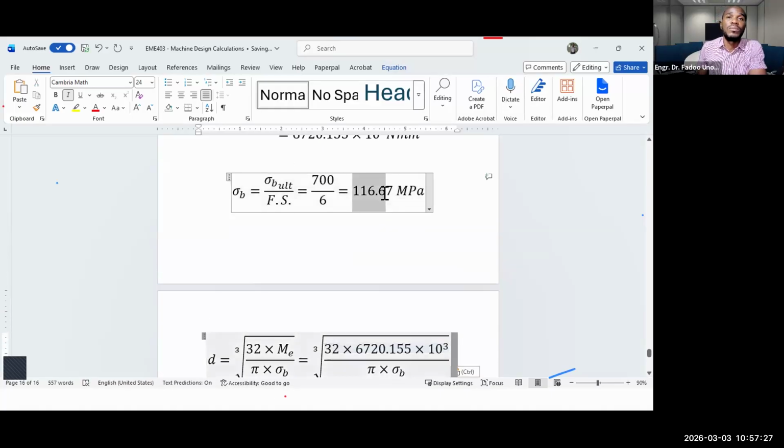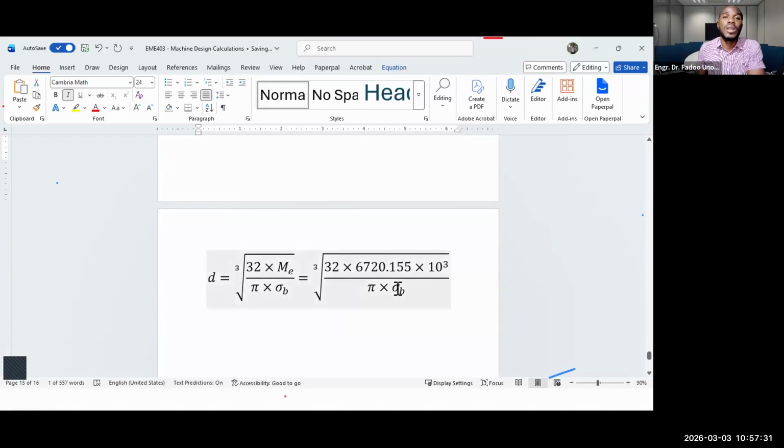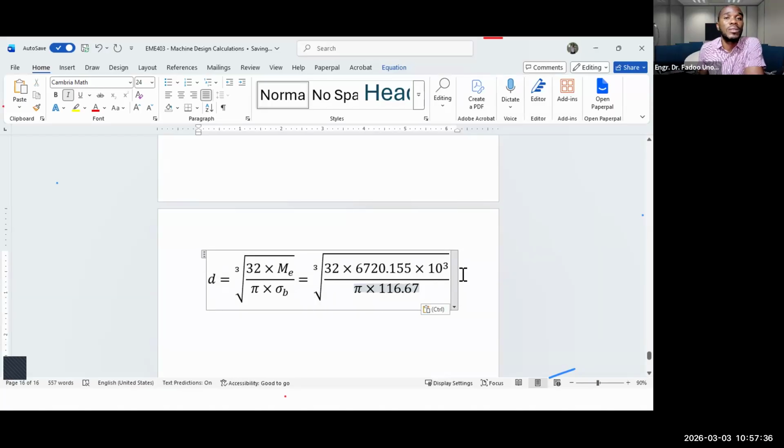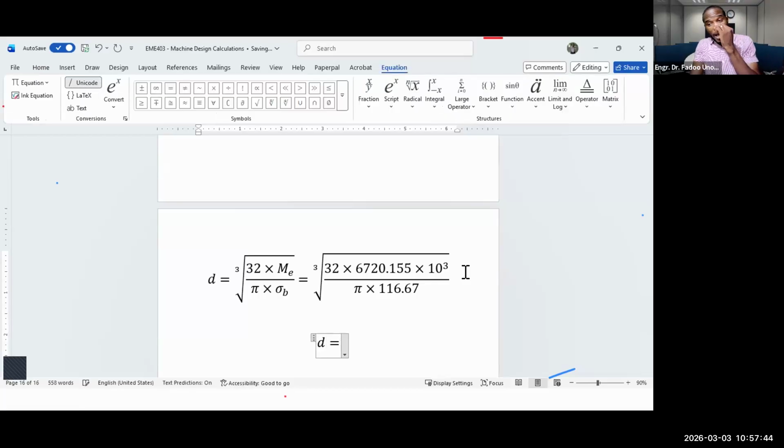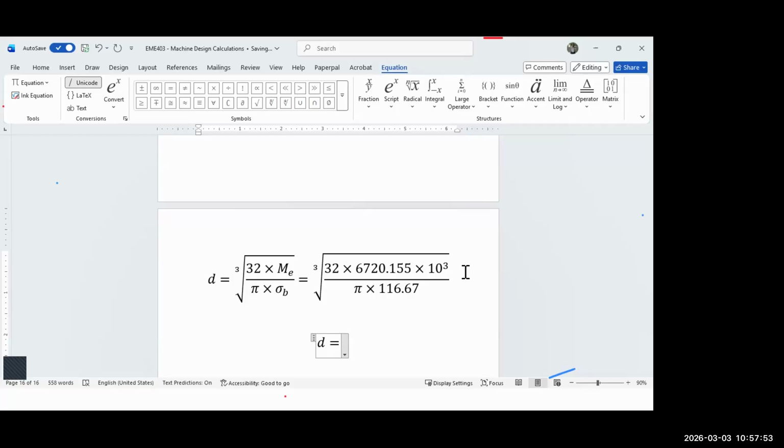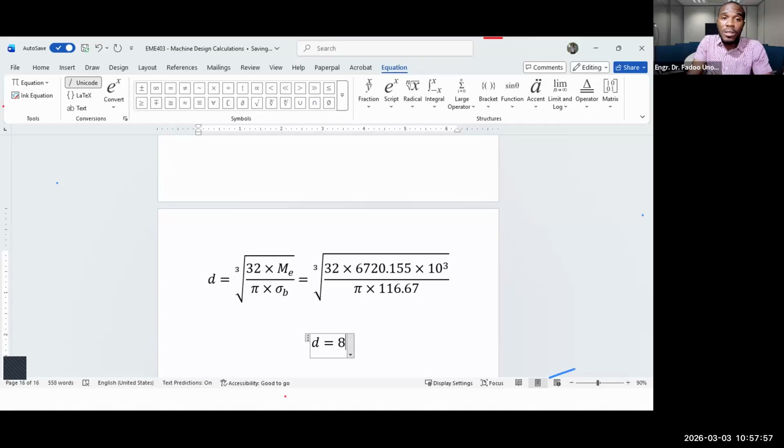And this one is this guy, put him there. Okay. So it's left for you to punch and tell me what that value is. D is... 83.72 millimeters.